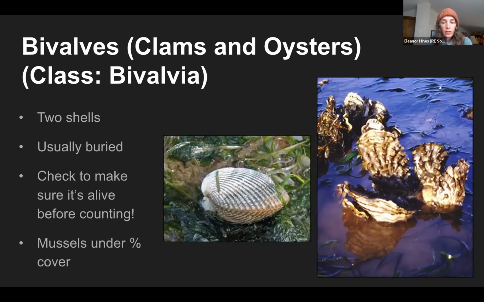One thing to definitely be aware of is that sometimes clams or oysters will die, and then they'll sort of fill up and there'll be a suction that forms to keep their shells closed. And so before counting it as a live critter in your quadrat, maybe try to pry it apart and see whether it's live or dead. Don't try too hard because we don't want to kill them, but oftentimes if they're alive, they're pretty strong and it's really hard to just pry them apart with your hands.